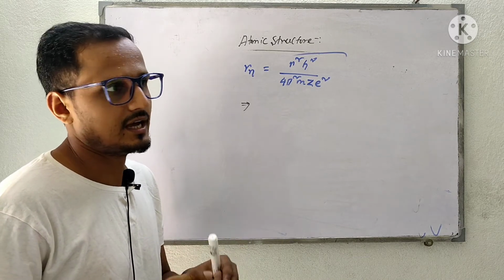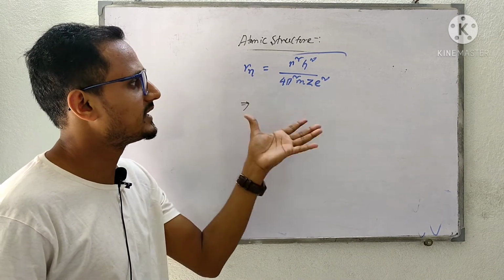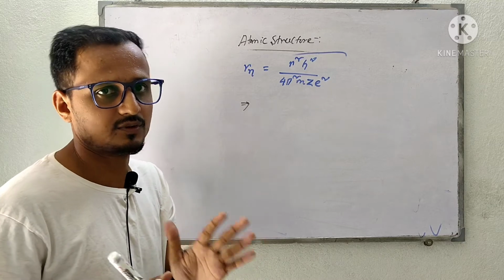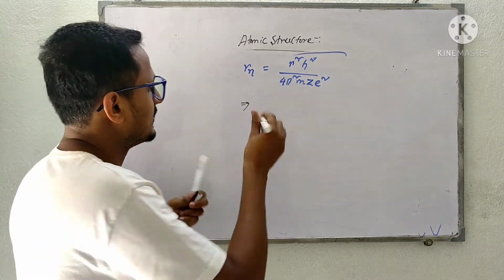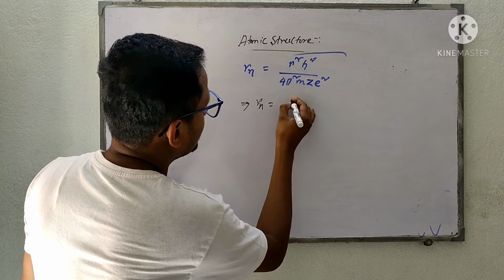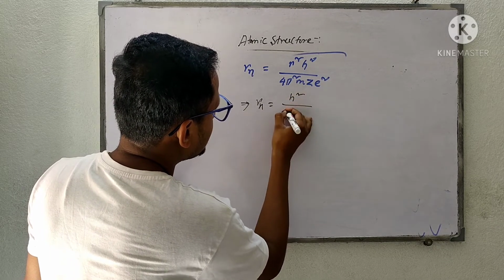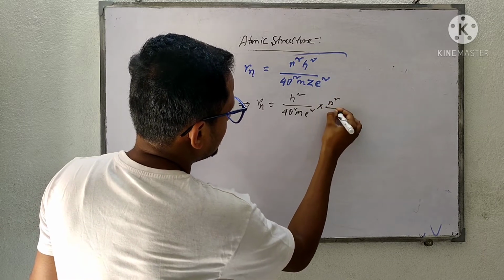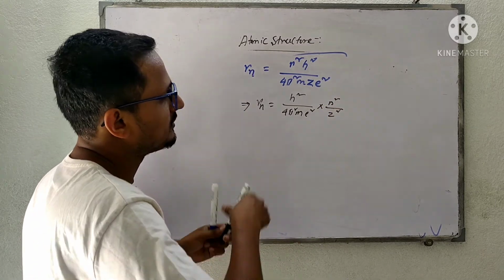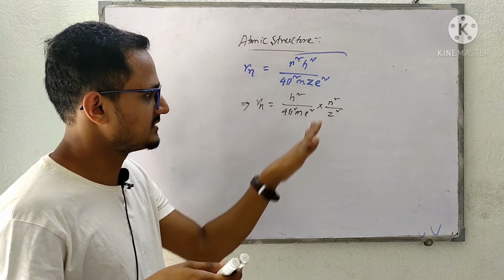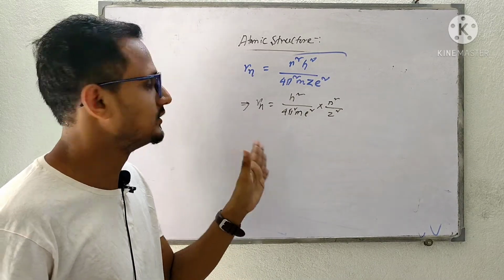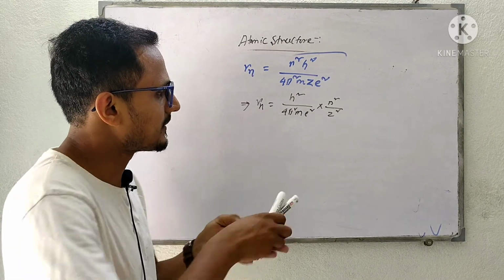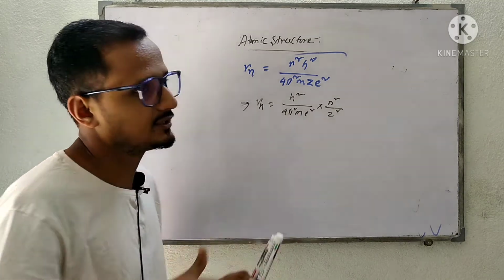For hydrogen it will be 1, and this theory will be applicable for hydrogen-like atoms, or hydrogen-like species. Now Rn equal h square by 4 pi square m square into n square by z. Now if you put the value of this constant, then you will get a value that will help you to calculate the numerical problems.